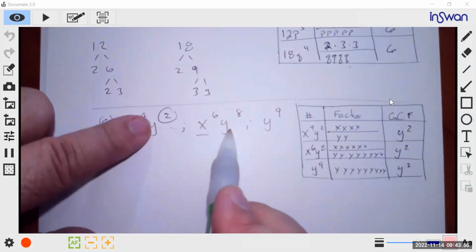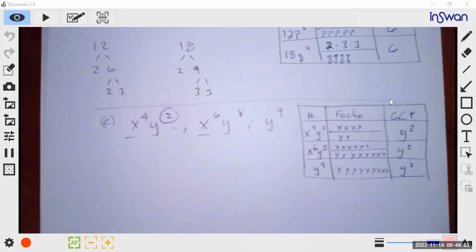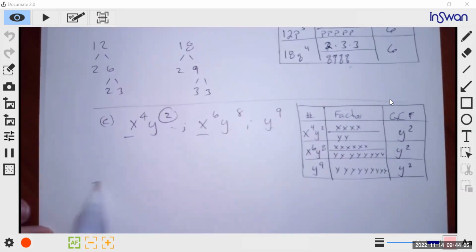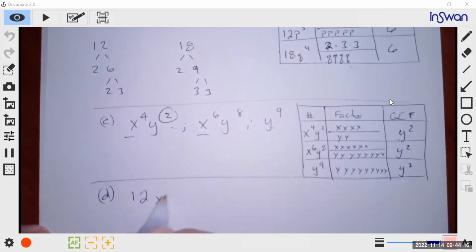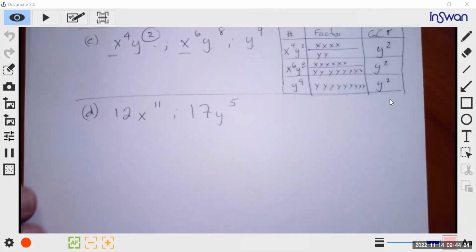Because this one has 8, this one has 9, this one can't go any further. It's stuck at 2, so they all have 2. So Y to the second is the GCF. How about this one?